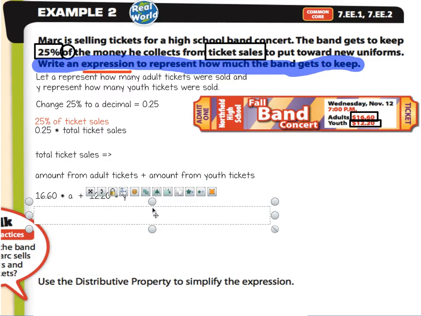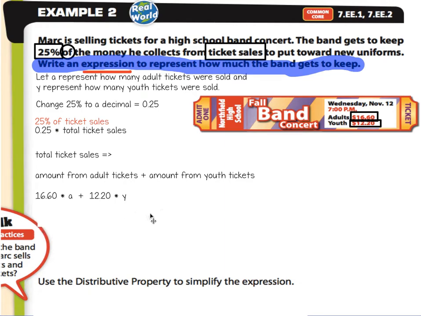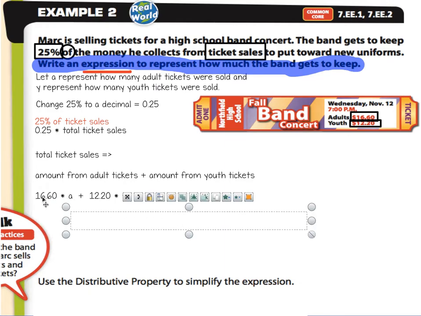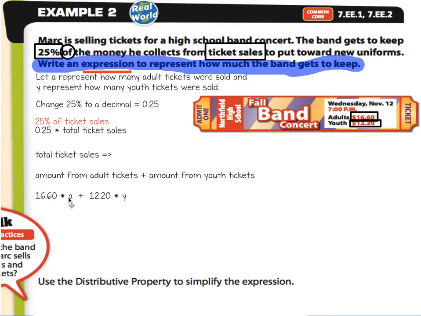I know that the amount that I make from the adult tickets is going to be $16.60 per ticket. So it's going to be $16.60 times A, because A is how many adult tickets I sold, plus $12.20, because that's how much a youth ticket is, times Y, because that's how many youth tickets I sold.